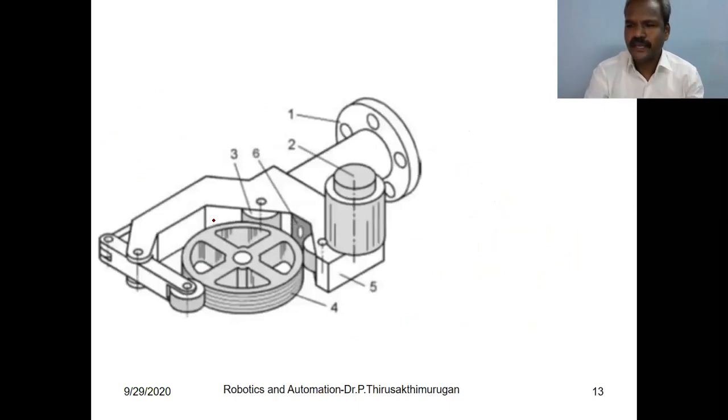Next is the rotating gripper with rollers. Various rollers, and the first one is the flange, which you see in pipe connections.